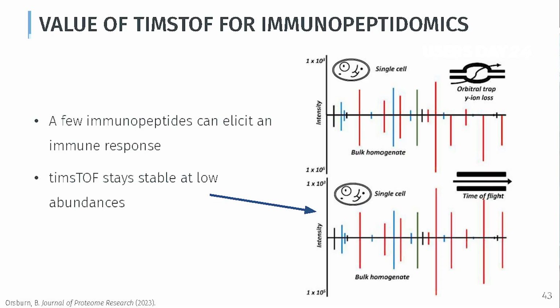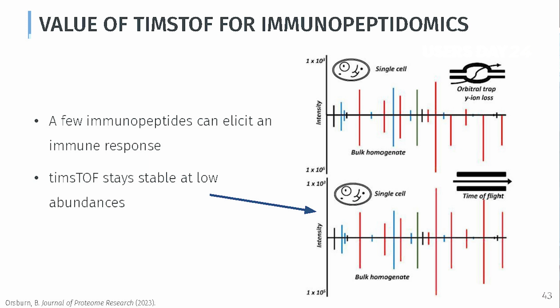If we want to do this for immunopeptidomics, so to identify the peptides from the immune system, it is a bit more difficult, because we often have a very low abundance of these peptides in samples, and there are different types of mass spectrometry.